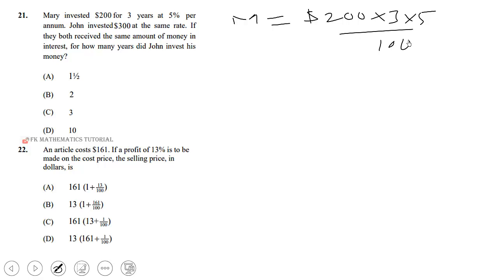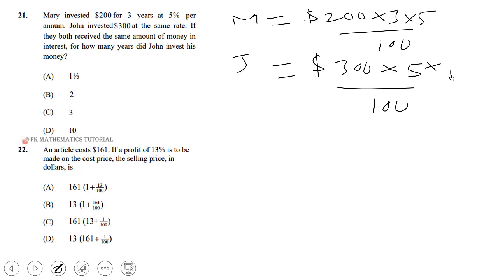John invested 300 at the same rate. So John will be investing $300 at 5% over 100. If they both receive the same amount of money in interest, for how many years did John invest his? So we don't know John's time.